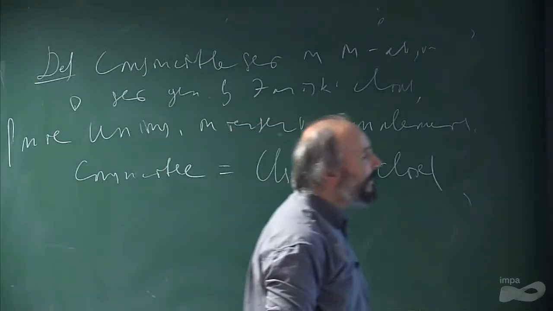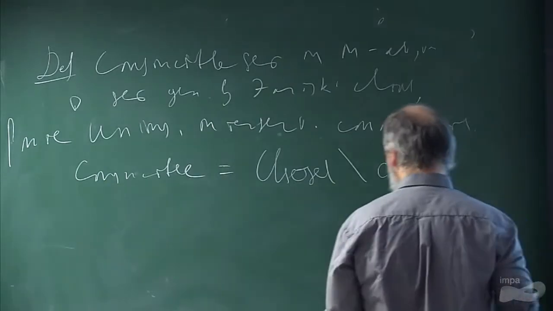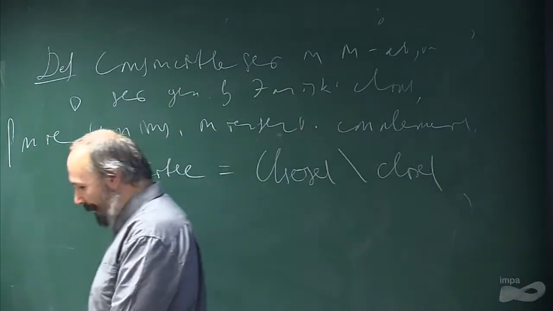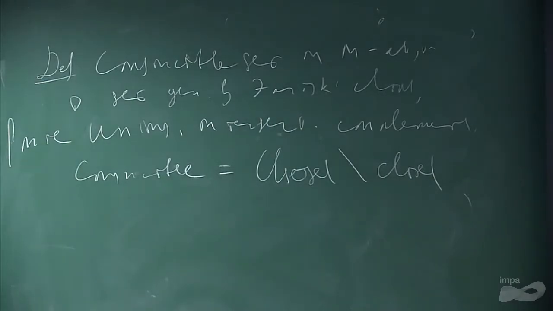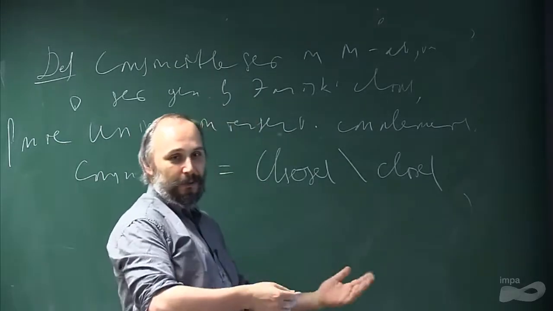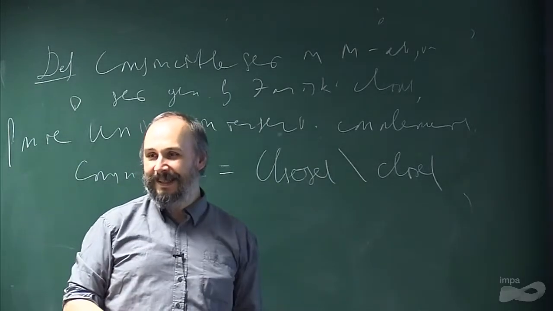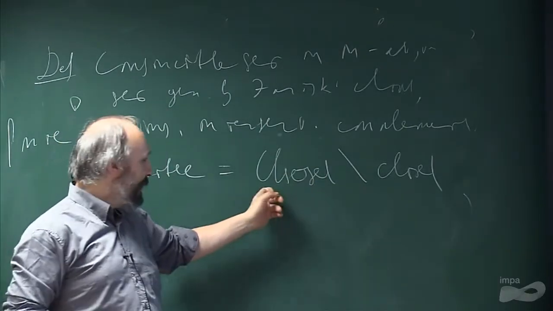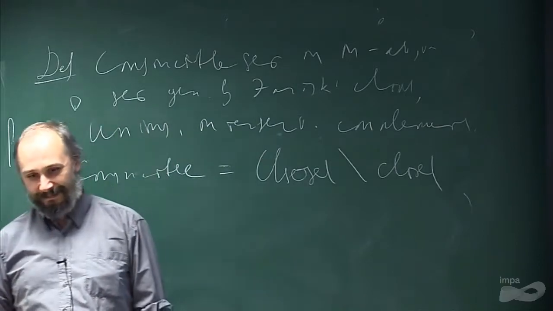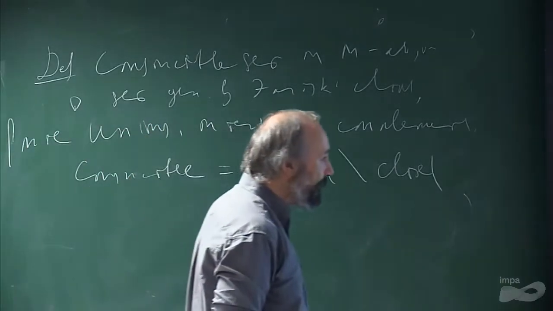Did I say finite here? No, I didn't. I meant to say it. Anyway, union of finitely many closed is closed, intersection of closed is closed, and complement is open, and then you can use the standard normal form to express the result of all such operations in that form.